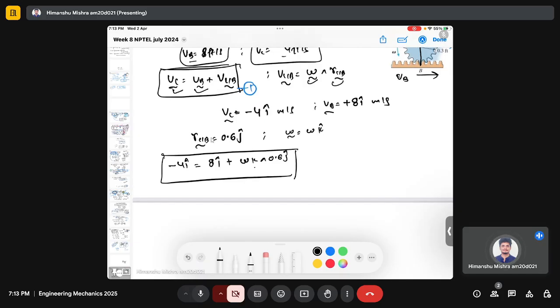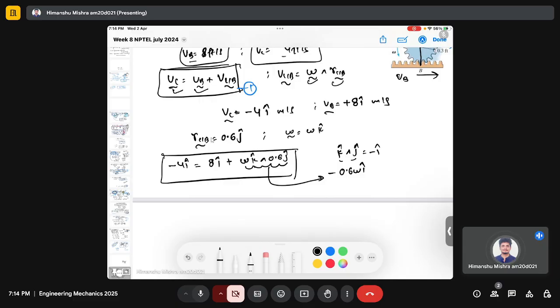So you can see this cross product is between k and j. And we know that if we take the cross product between k cap and j cap, it will be in the minus i cap direction. For the magnitude, it is very easy to understand, just multiply omega with 0.6. So this vector will transform to minus 0.6 omega i cap.